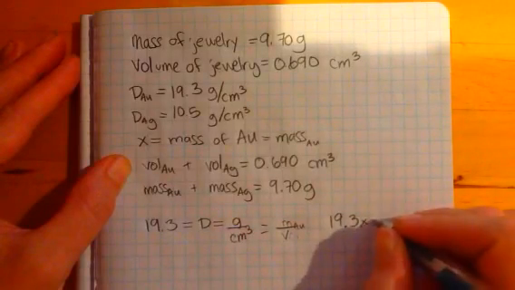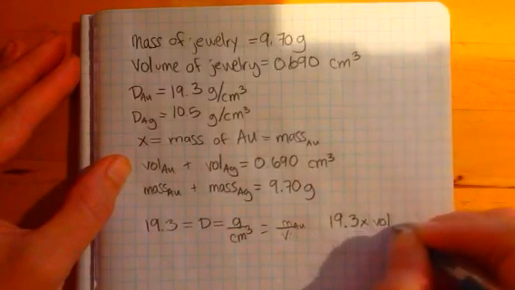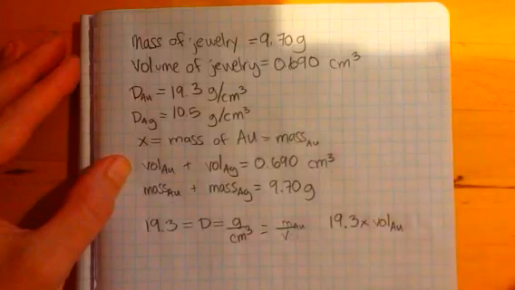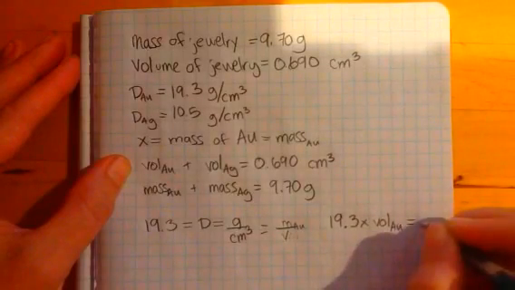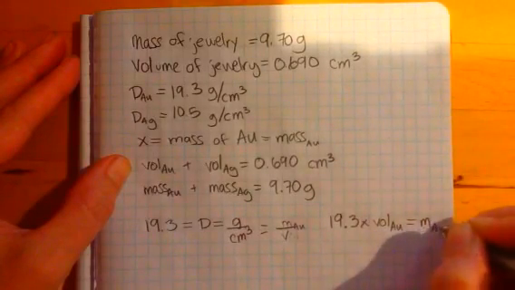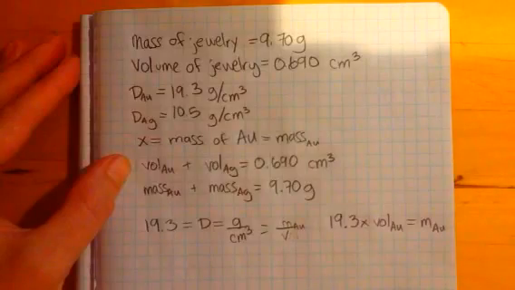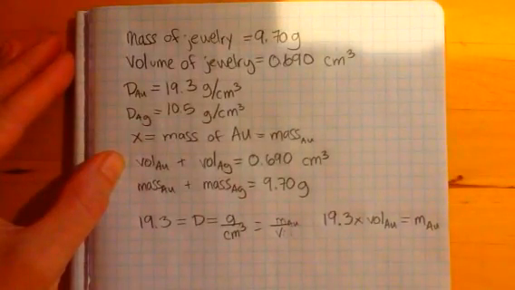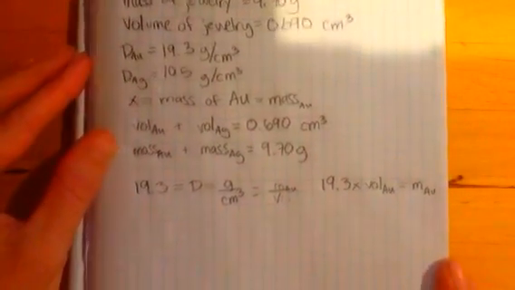So we end up with 19.3 times the volume of gold is equal to the mass of gold. Again, I'm just going to use m in this case. So we've got that much so far.